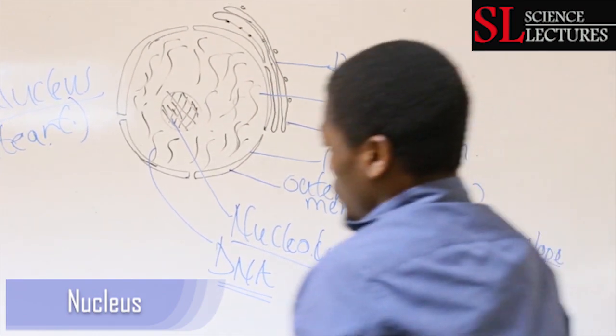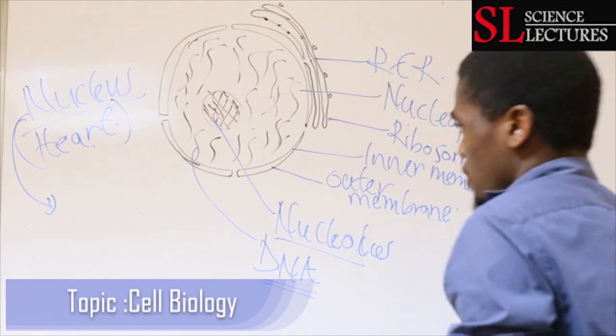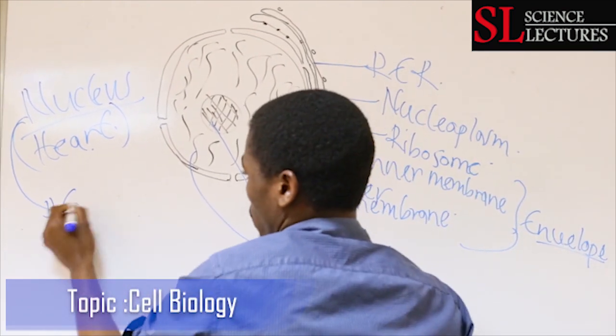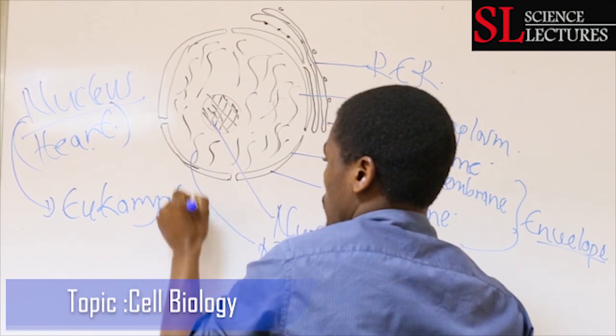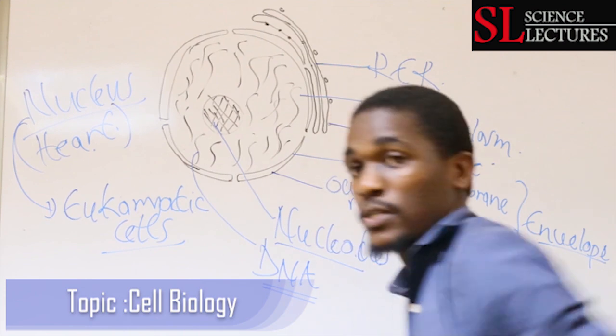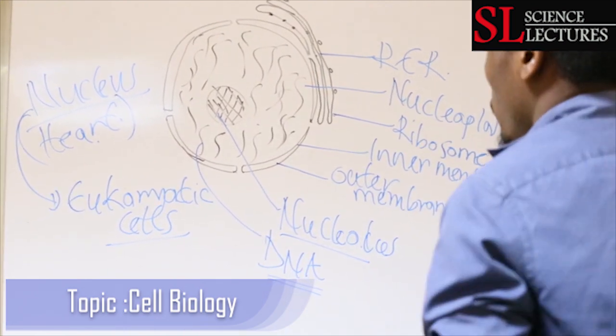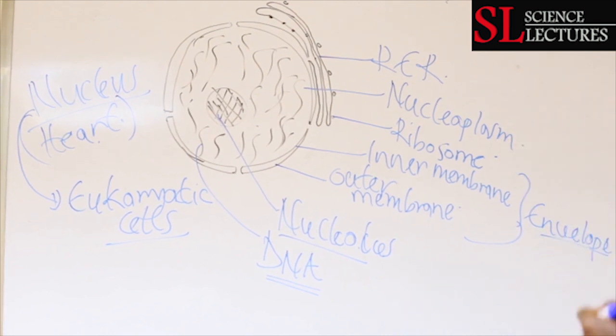A basic thing to note is that the nucleus is present in only eukaryotic cells. Eukaryotic cells are where we find the nucleus. So that is basically the structure of the nucleus.